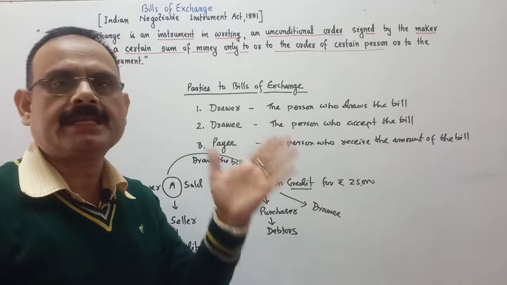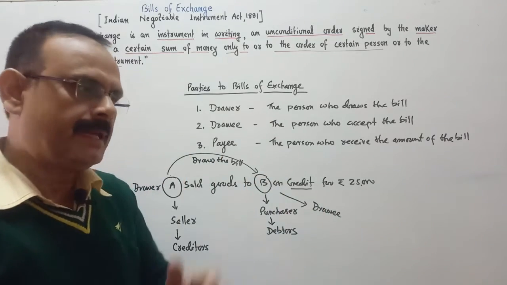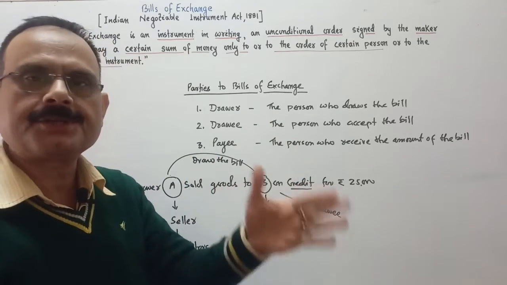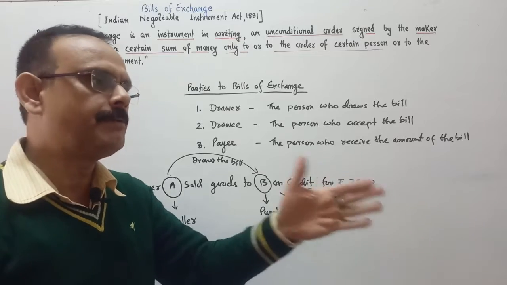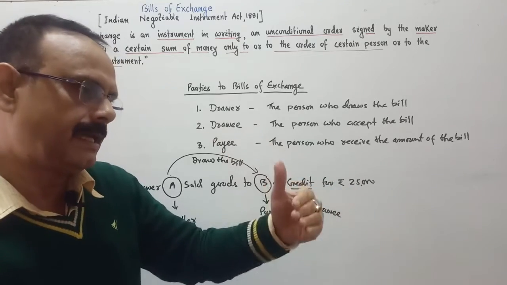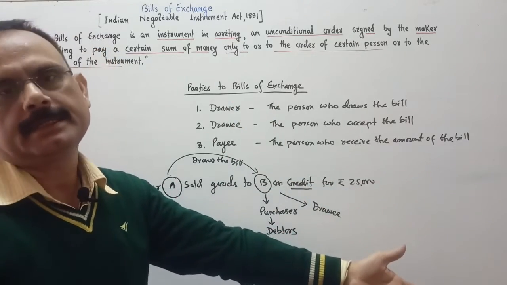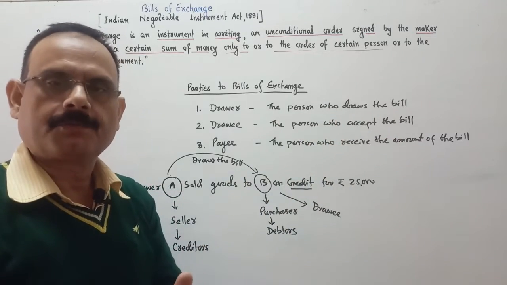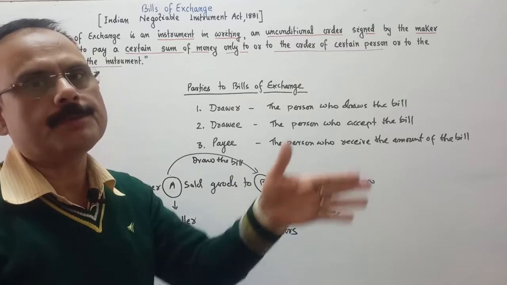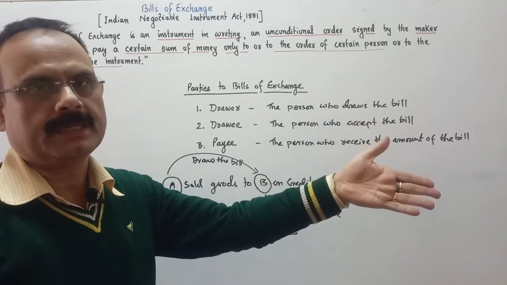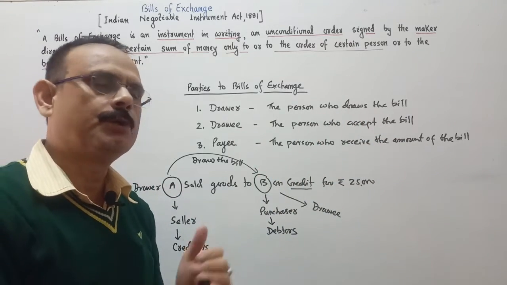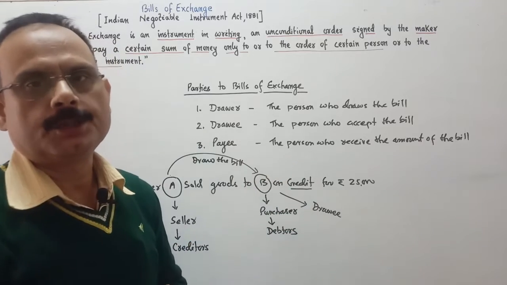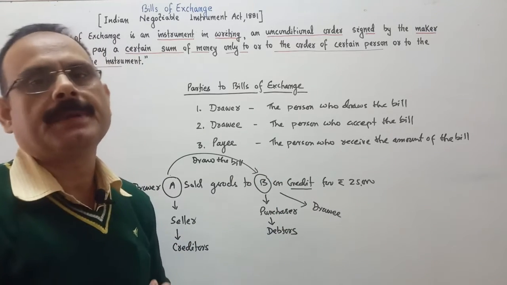If the bill is in the possession of the drawer, then the drawer will get the amount. If the bill is discounted, then the bank has the bill and will take the money from the drawee, so the bank will be the payee. If the bill is endorsed to the creditor, then the endorsee or creditor will be the payee of the bill.